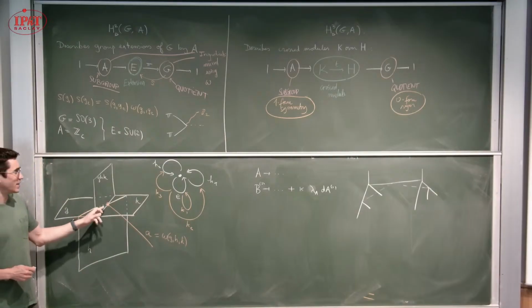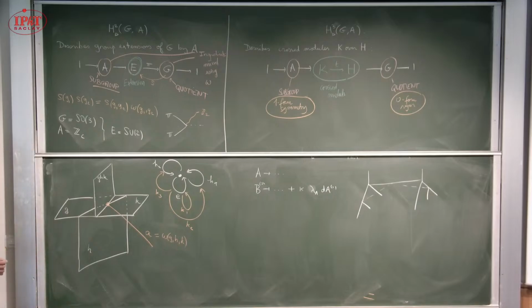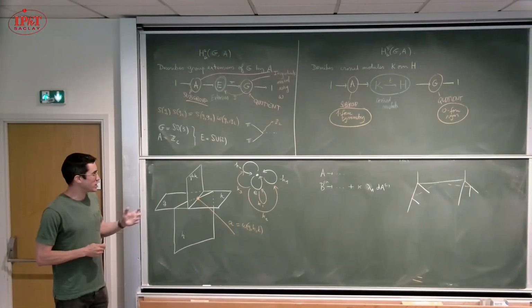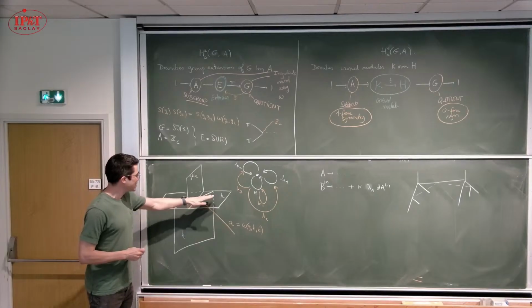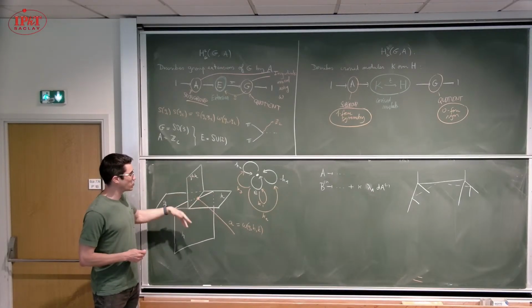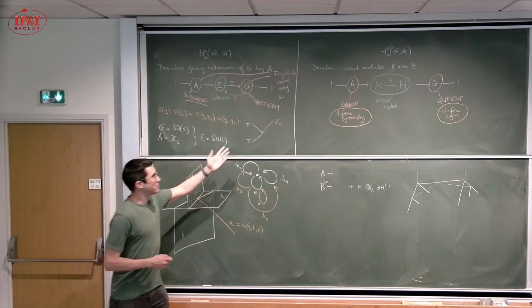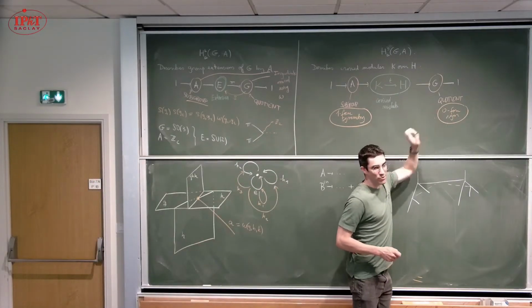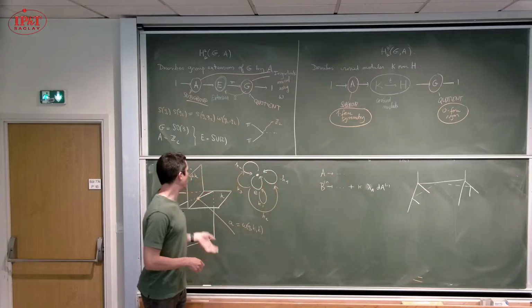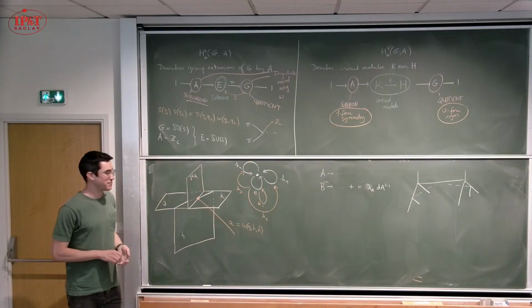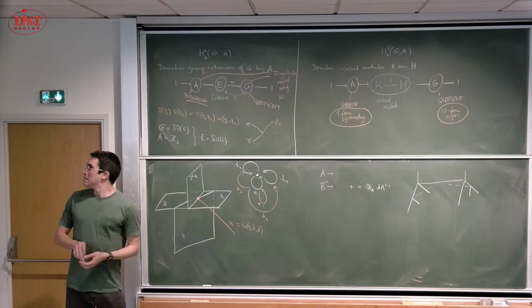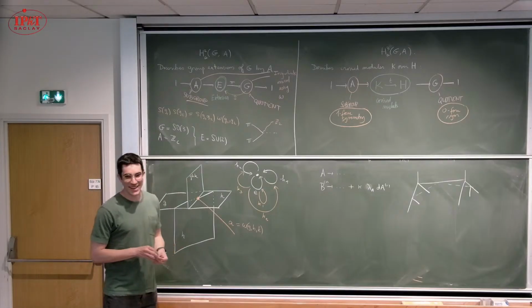And this is how the anomaly is there. So the situation with these intersecting planes would be inconsistent without the one-form symmetry. So the zero-form symmetry is not a subgroup. The orange things are perfectly fine by themselves. Okay. Any questions on this?